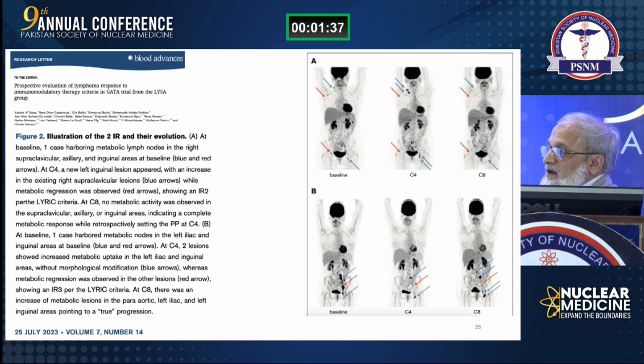Now we can call it complete remission. But on the other hand, if we have disease which is decreasing but still present and it progresses, here we can label whether the patient is having complete response or progressive disease.